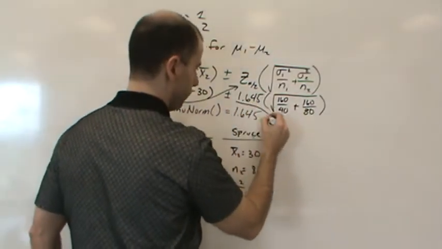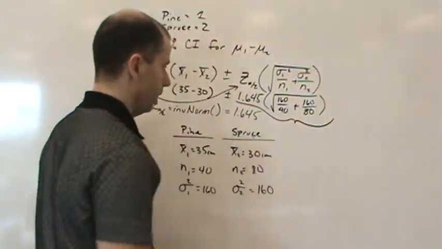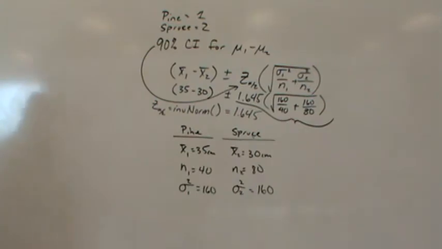So what do we get for the margin of error here? Let's calculate it. Okay, so now we get 160 divided by 40.